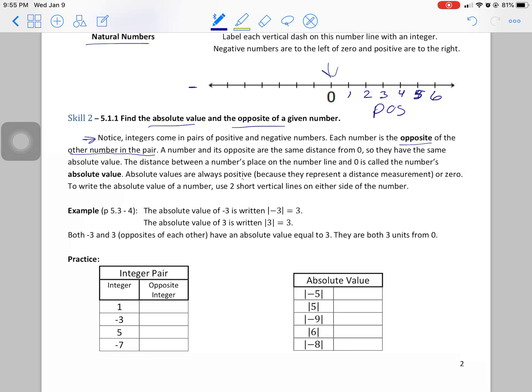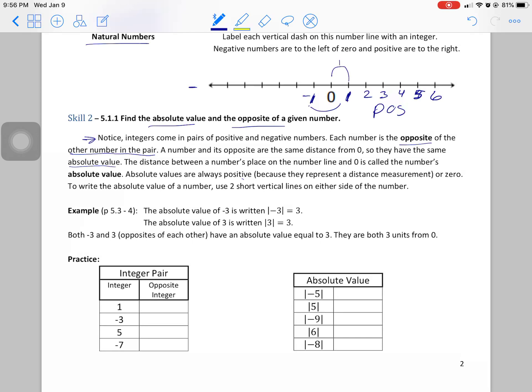The number and its opposite are the same distance from 0, so they have the same absolute values. Oh, let's talk about this again. So here's a positive 1. Here's a negative 1. These are pairs of opposite numbers. Okay, negative 1 is the opposite of 1. 1 is the opposite of a negative 1. They are the same distance from the 0.